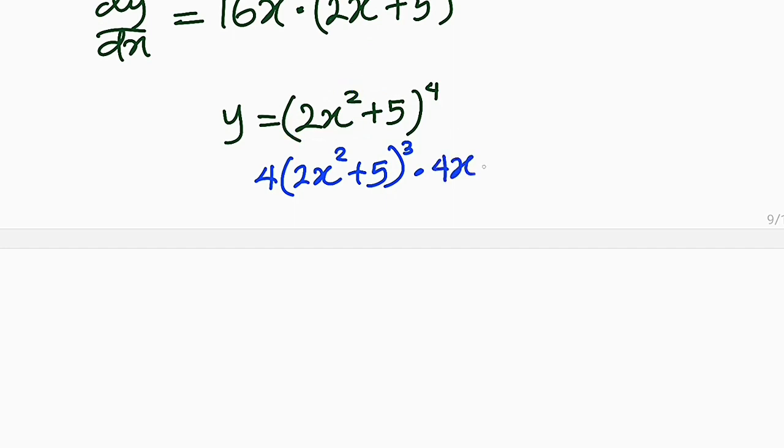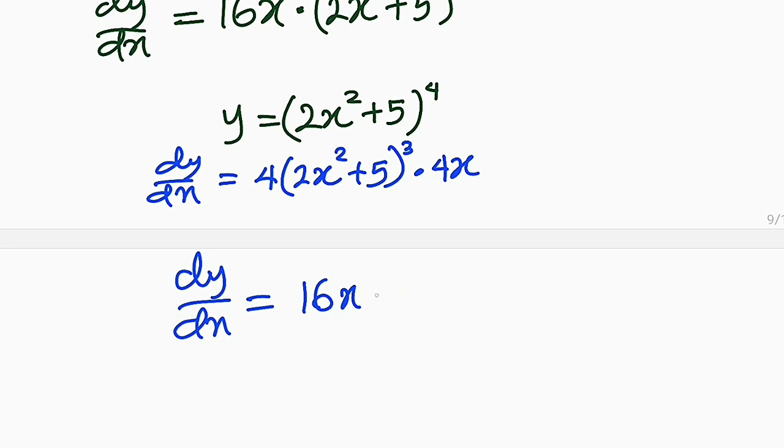You have 4. x to the power of 2 minus 1 is 1. And the derivative of this one is 0. So you stop here. All you have to do is to take this 4 and multiply by 4x. This is dy over dx, remember? So therefore dy over dx is equal to 16x (2x squared plus 5) to the power of 3. And this is just the solution.